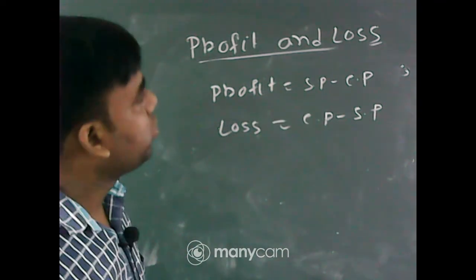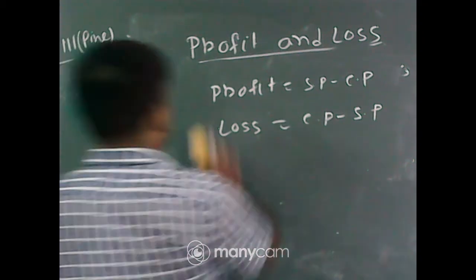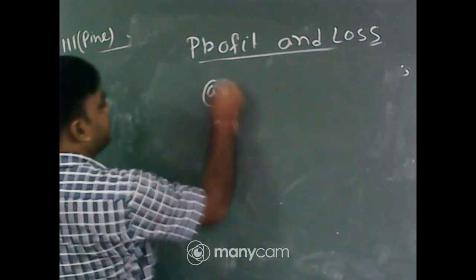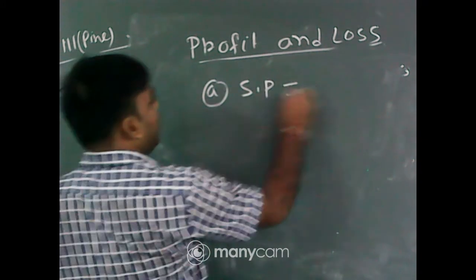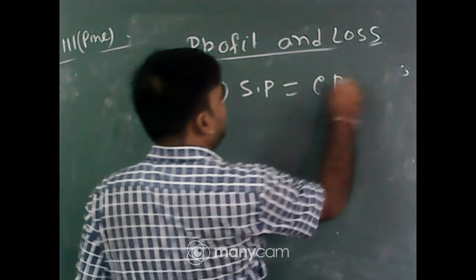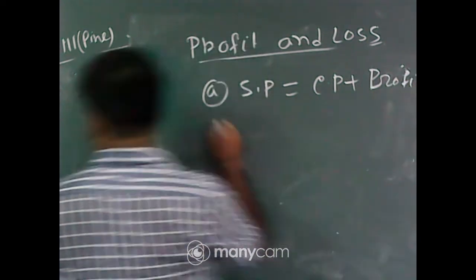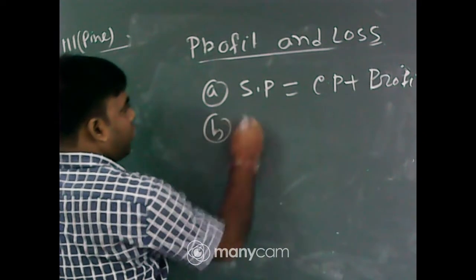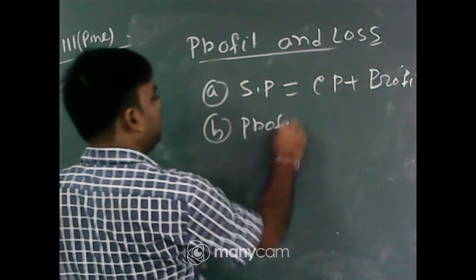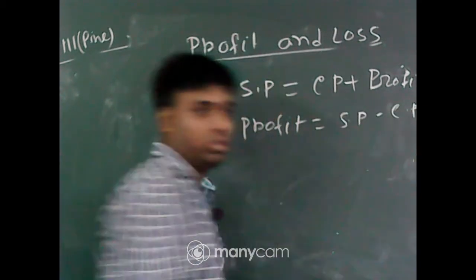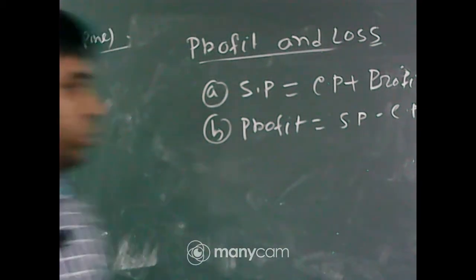Profit equal to SP minus CP and loss equal to CP minus SP. Write down these two statements. Okay, next question, that is an MCQ. Two options will be there. Option A, SP equal to CP plus profit, and option B, profit equal to SP minus CP. Which one is correct between these two statements?